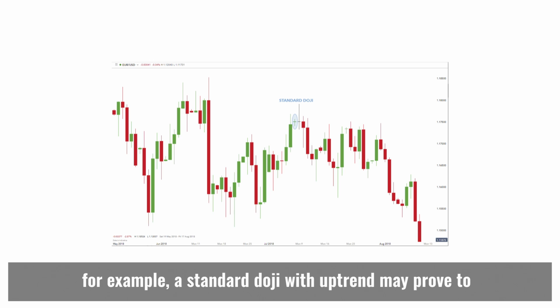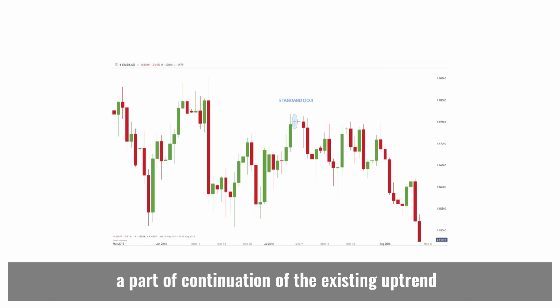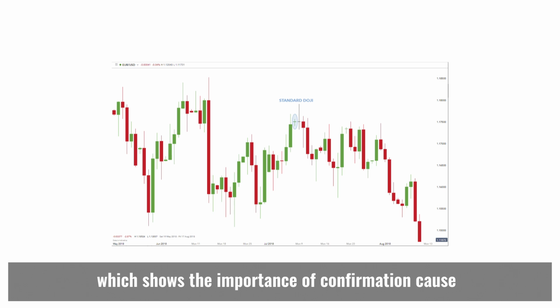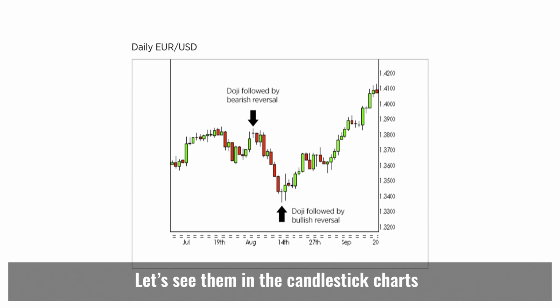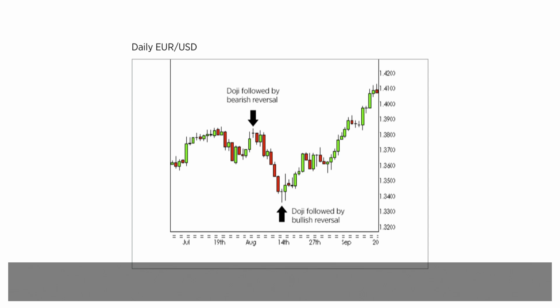For example, a standard doji within an uptrend may prove to form part of a continuation of the existing uptrend. However, as you can see in this chart, you can see a reversal of an uptrend, which shows the importance of confirmation after the occurrence of the doji. Okay guys, so now that you understand those 5 principal doji candles, let's see them in the candlestick charts.